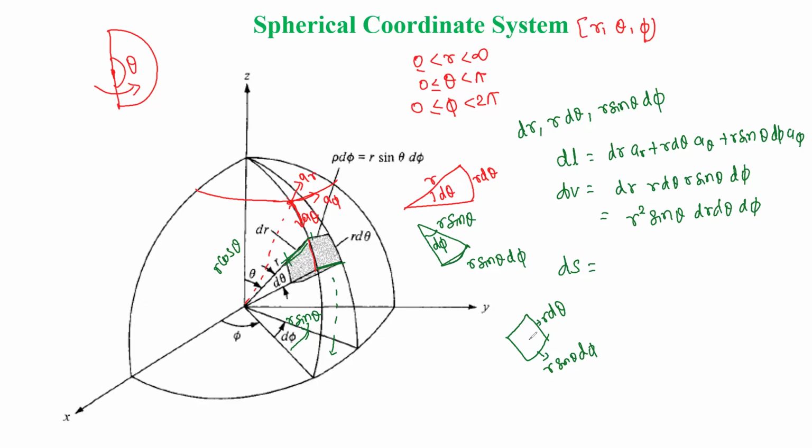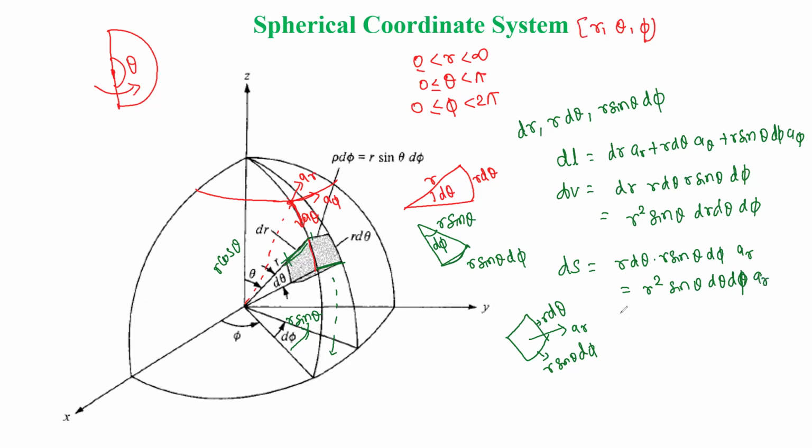Radially outwards, so that will be a_r. So this ds will be written as r d theta into r sin theta d phi along the unit vector a_r. So finally, if you arrange it here, r squared sin theta d theta d phi a_r.